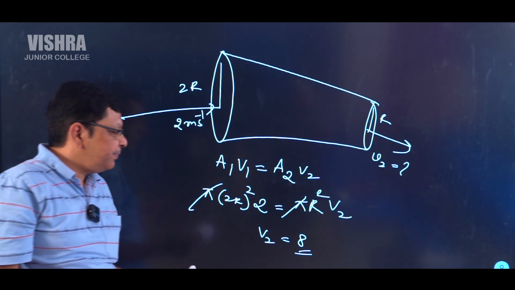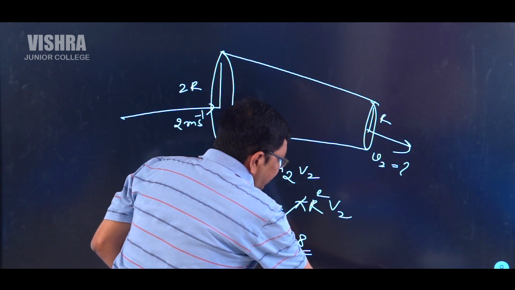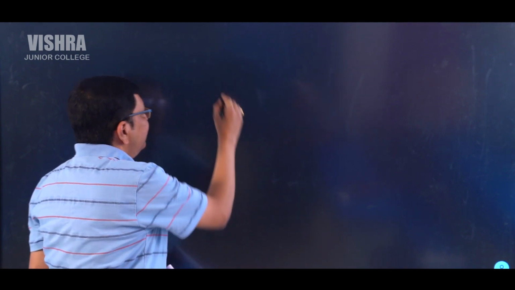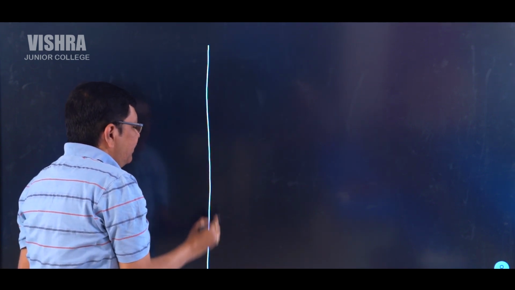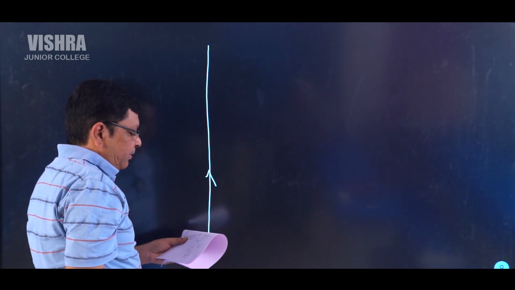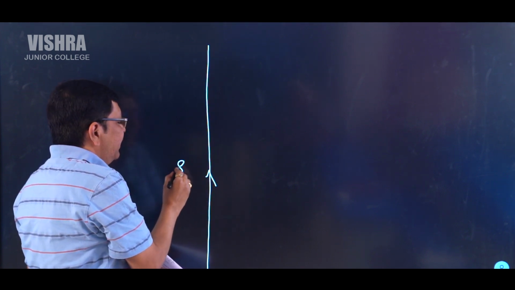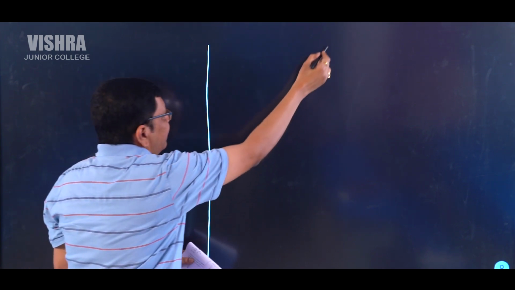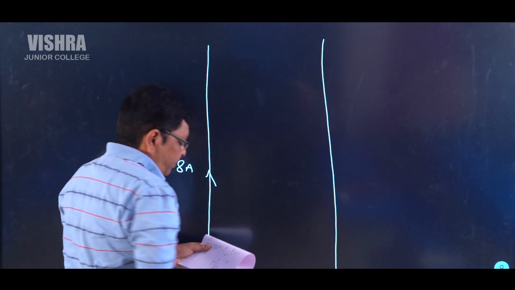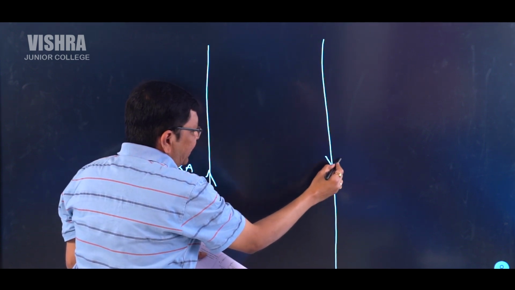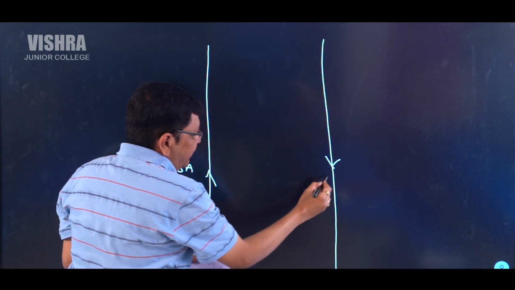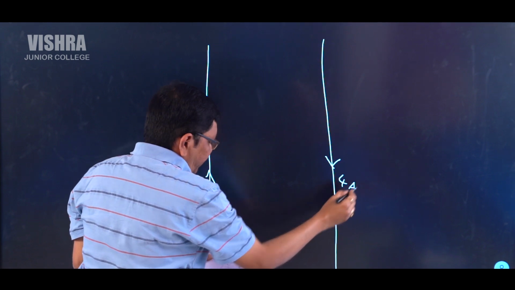It is from electromagnetism and the Biot-Savart law. In this case, there is a large straight wire carrying an electric current of 8 ampere. Another large straight wire, parallel to this, carries an electric current in the opposite direction, and the current is 4 ampere.